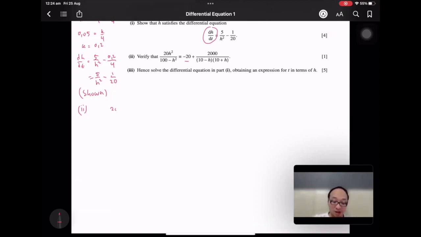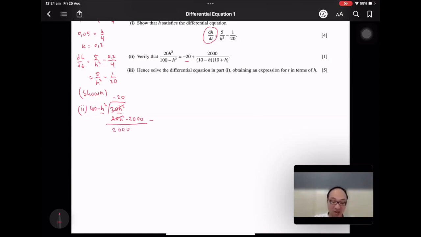So I have 20h squared divided by 100 minus h squared. I divide it by h squared, so this is negative 20. And then I multiply, it's positive 20h squared minus 2000. And then I subtract it. I can cancel this, so I have 2000.